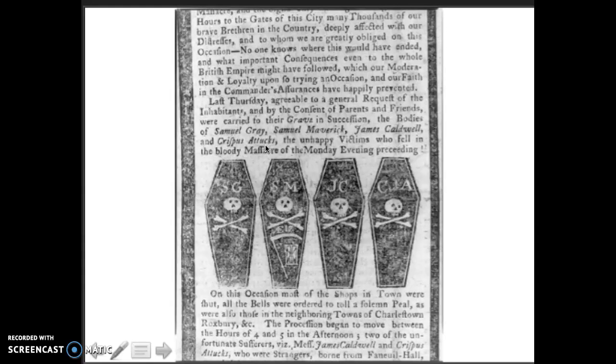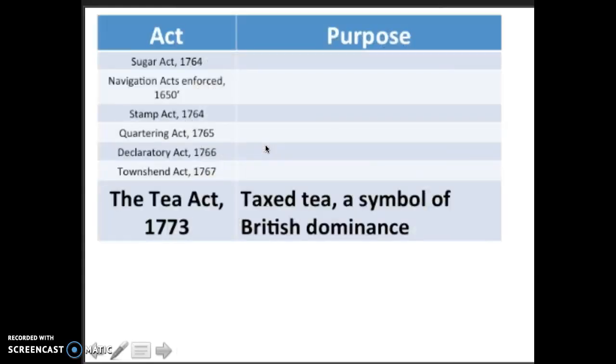England is still trying to exert its control over the colonies, so they passed another law called the Tea Act in 1773. This law taxed tea, and even though at this point with this law, British tea was actually cheaper than any other tea, like French tea or Dutch tea, it was a symbol of British dominance because Britain was still enforcing these acts without the consent of the colonies.